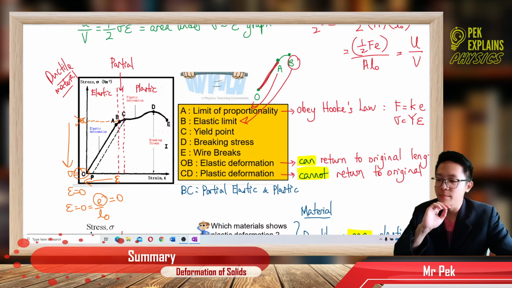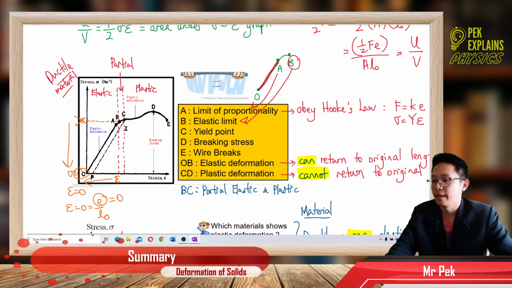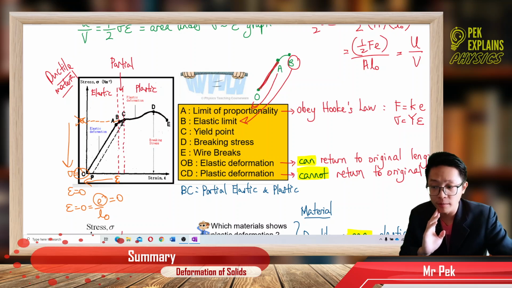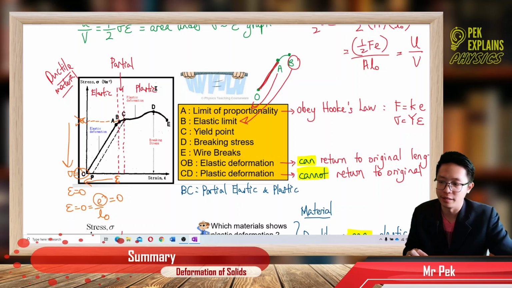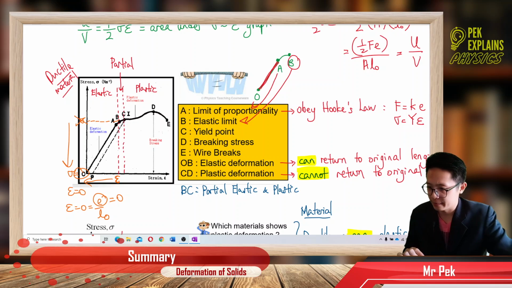So when it exhibits plastic deformation, it is actually after point B. Between B and C, it shows partial elastic and partial plastic. Why do I say that? From O to B, it shows elastic deformation.